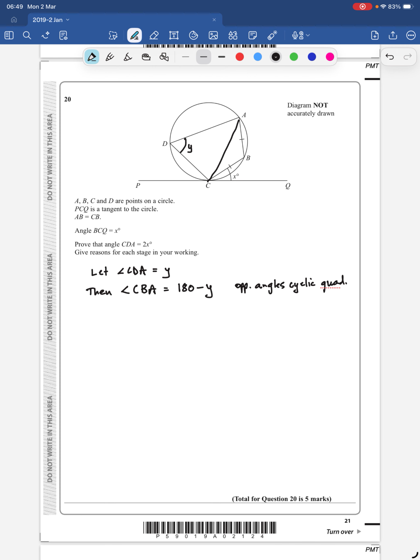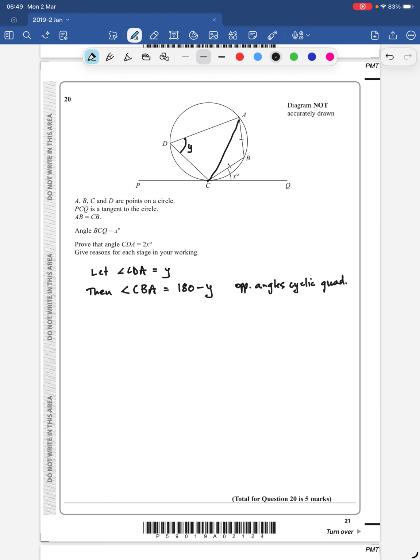Okay, I don't want to write an essay there. I just want to make it clear to the examiner that I know what I'm doing. So that's one reason.